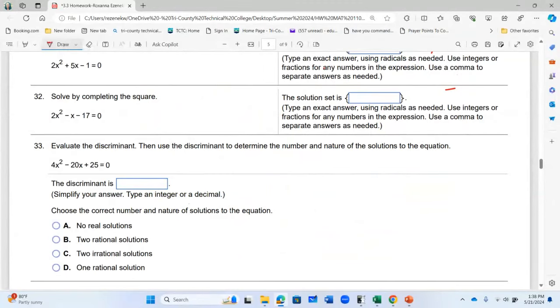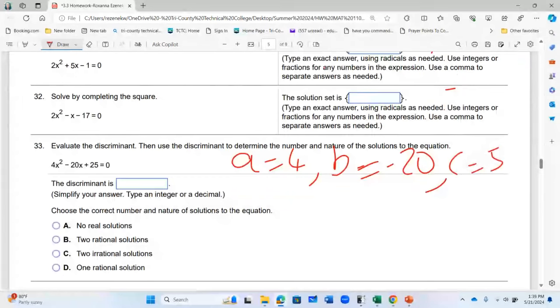Before I evaluate the discriminant, I have to find the coefficients. The leading coefficient is 4. The coefficient of the linear term is -20. And the constant term is 25. So let's evaluate the discriminant.